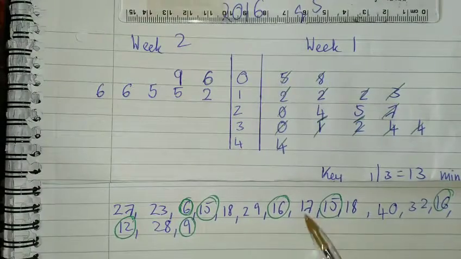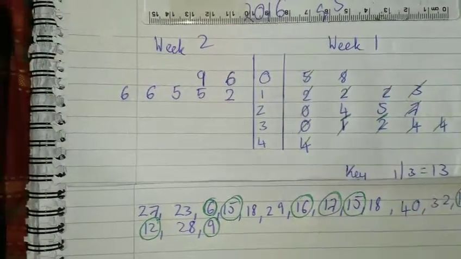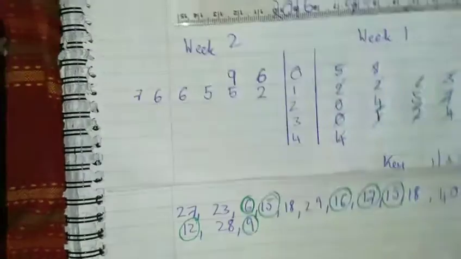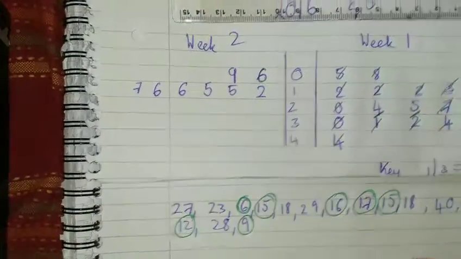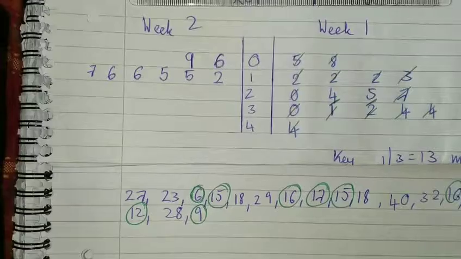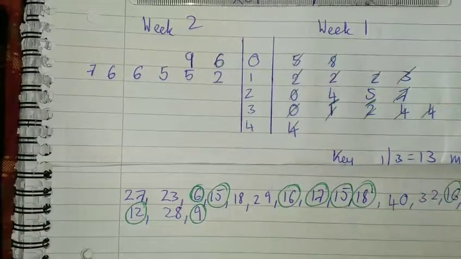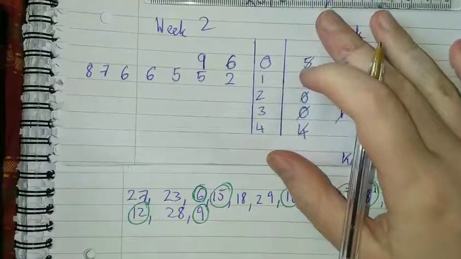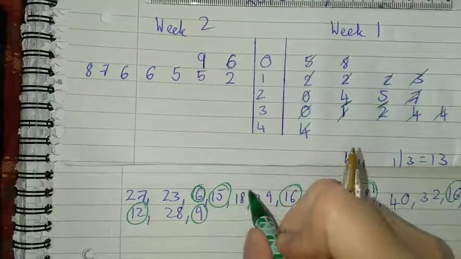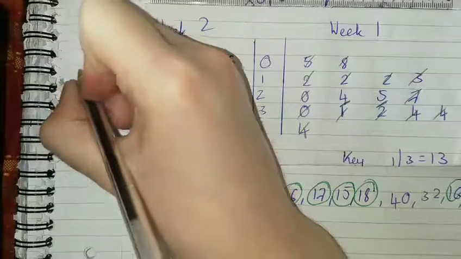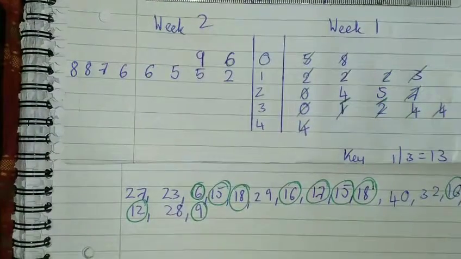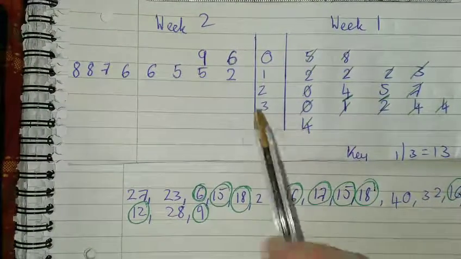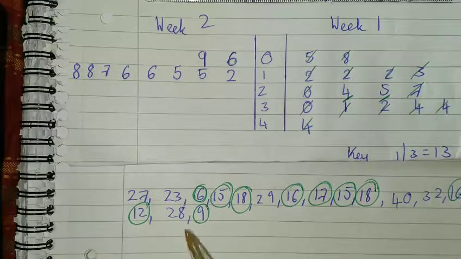And then we have 17, so 7, and then we have an 18, so 8. I'm running out of space a little bit. And then I have another 18, so another 8.